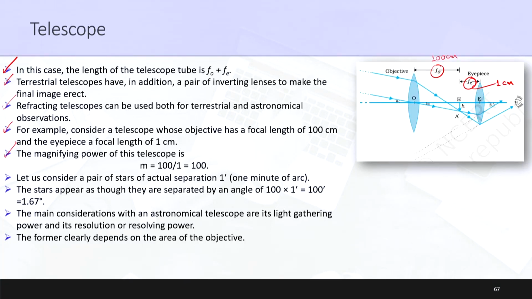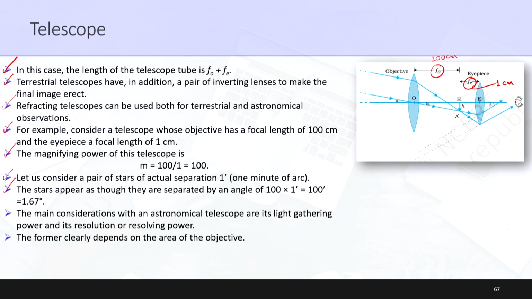Next, let us consider a pair of stars. Please remember this magnification is angular magnification, not linear magnification. Therefore, you cannot directly use h dash by h is equal to m here. So let us consider a pair of stars of actual separation 1 minute of arc. The stars appear as though they are separated by an angle of 100 into 1, that is 100 minutes, that is 1.67 degrees.